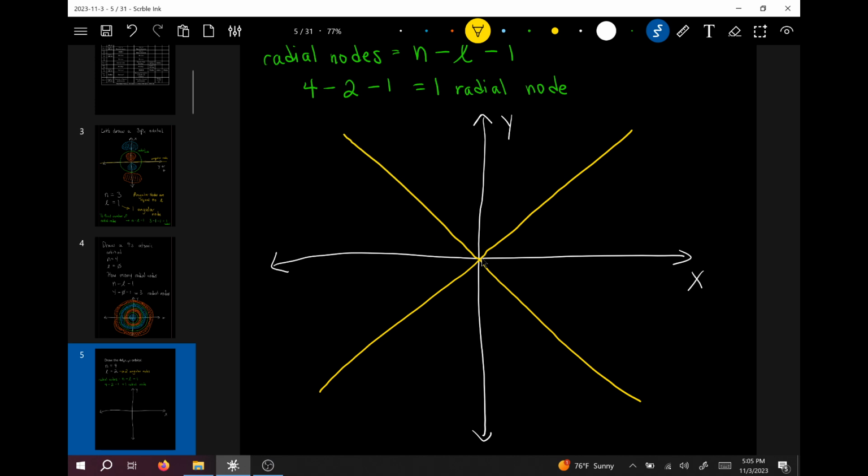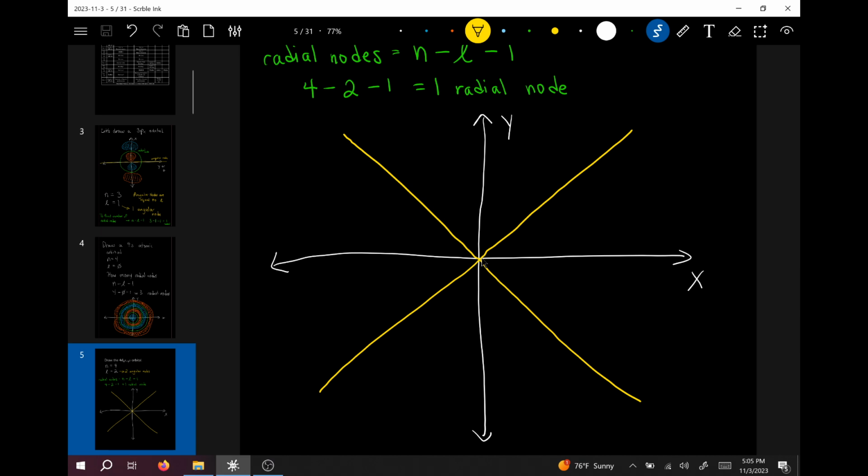Now, on a test, if I ask you to draw an atomic orbital, I'm going to ask you to not only label your axes, but you also have to label the nodes, whether it's an angular or radial node, and then you also have to show your phase. Your phase, again, can be done with a plus or a minus. If you do have color pencils on you when you're taking the test, you could use color pencils, but I'm not expecting you to. So you could always use filled in or not filled in to represent the phase as well.